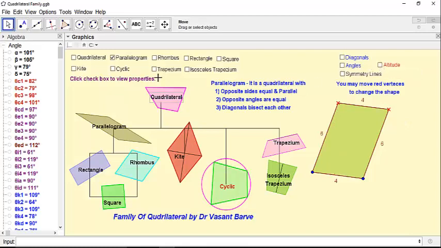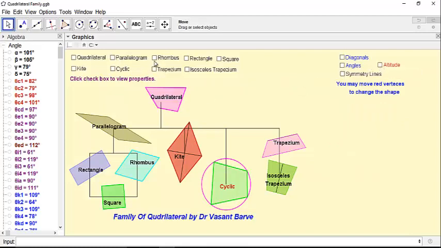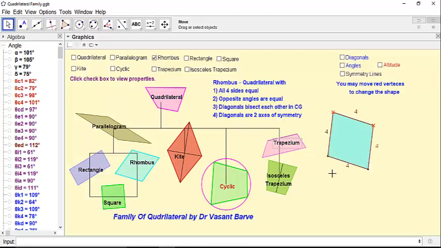Now let's go ahead and see rhombus. Now here you can see that this is a special case of parallelogram where we have all these sides equal, opposite sides are parallel to each other. Now let's see what are the angles.